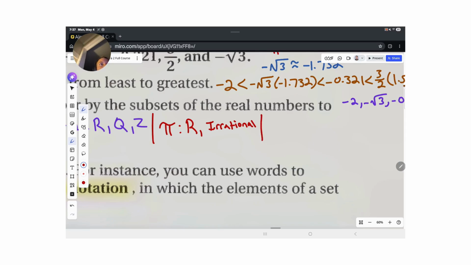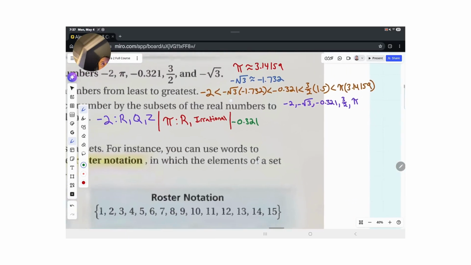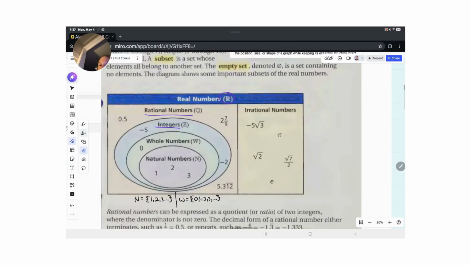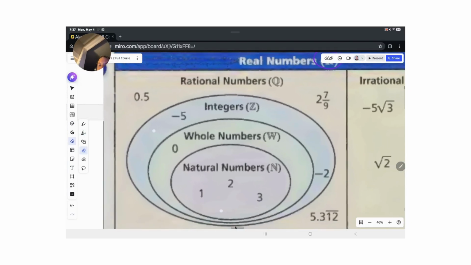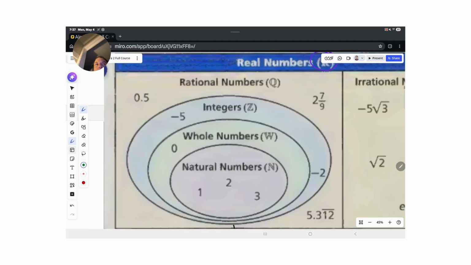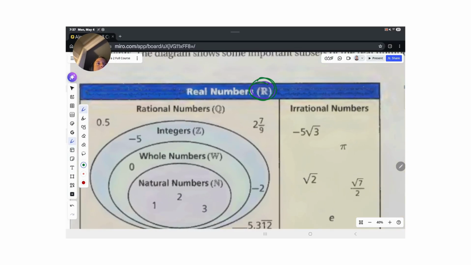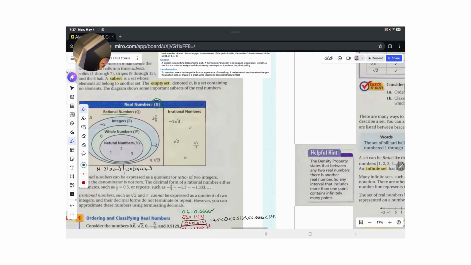Okay, what's next? Negative 0.321. Let's go back to our chart here. This is quite handy for this type of problem. Negative 0.321 is going to be real. And it has a terminating decimal, so it is rational. Real and rational.